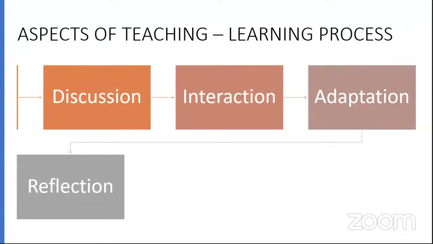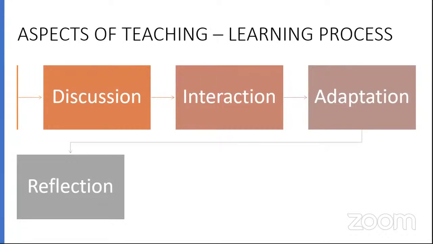Discussion. Discussion between teacher and the learner. There should be always a discussion between the teacher and learner to master the subject. Interaction. Interaction between the learner and some aspects of the world defined by the teacher. Adaptation.